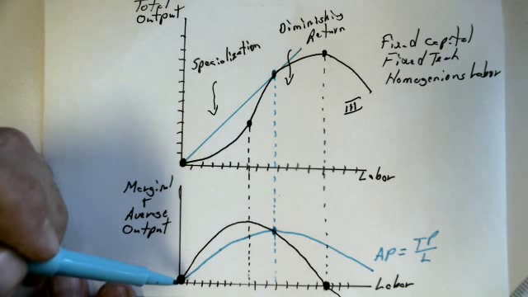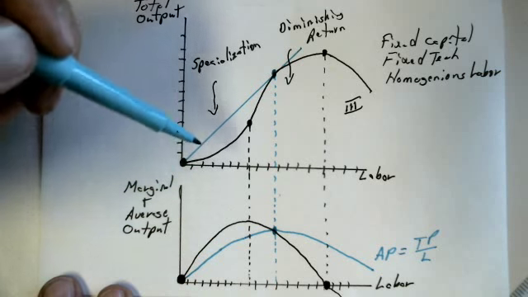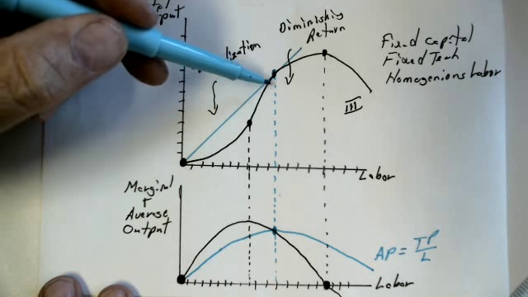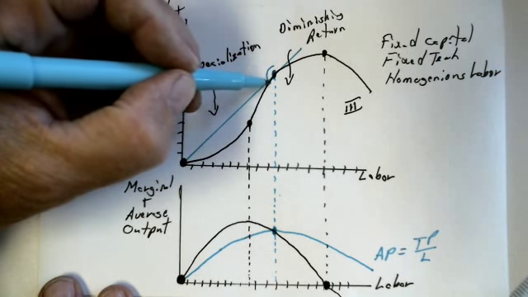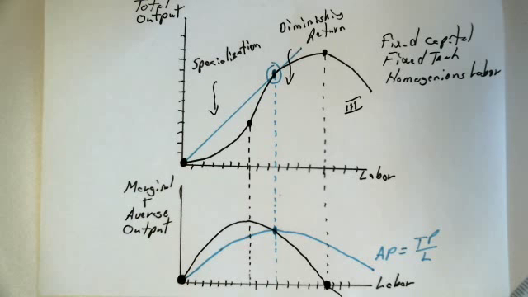And marginal product, for those of you who've ever had calculus, is just a derivative of this function. It's the slope of this function as you move along. And at this point right here, those two things are the same. The slope of that ray from the origin, the blue line, and the slope of the original function are exactly the same at that tangent point.